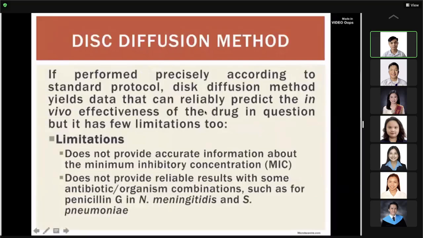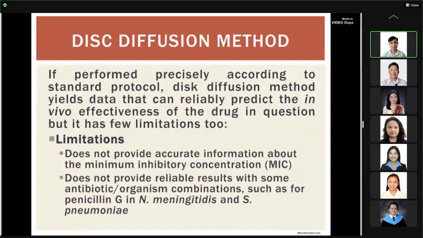If done precisely, the disk diffusion method can give us a reliable result. It can reliably predict the in vivo effectiveness of the drug in question. However, there are also limitations. It cannot provide accurate information about the minimum inhibitory concentration, the lowest concentration of the antimicrobial agent that can inhibit the growth of the organism.